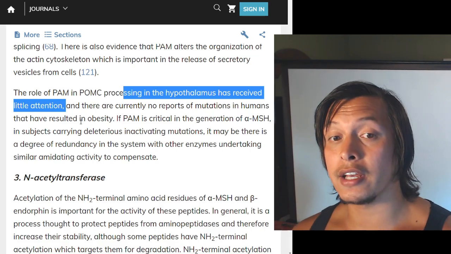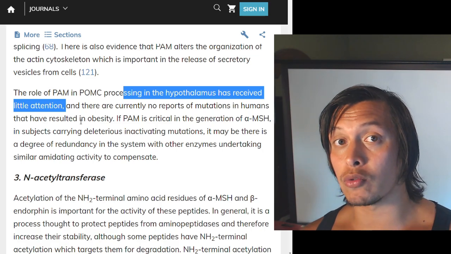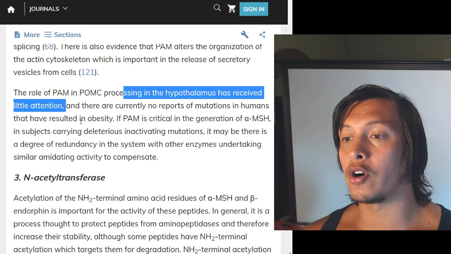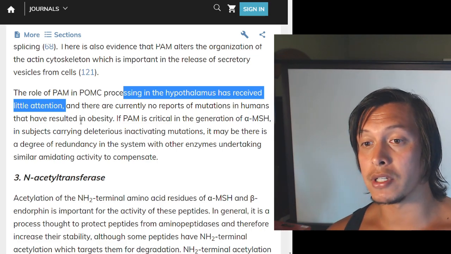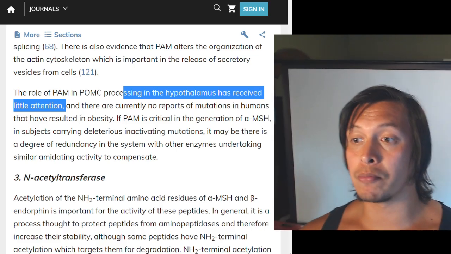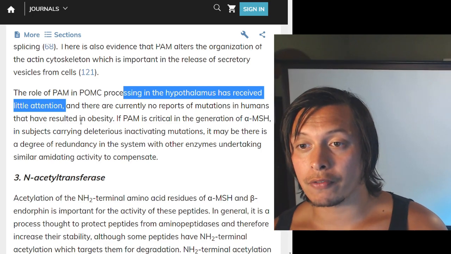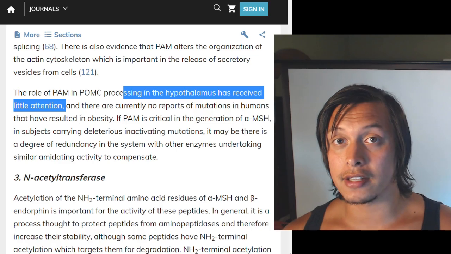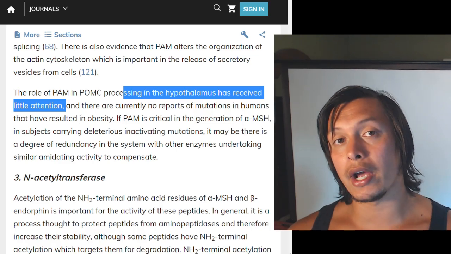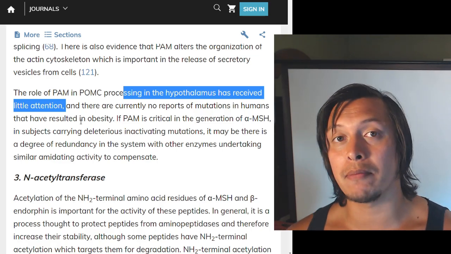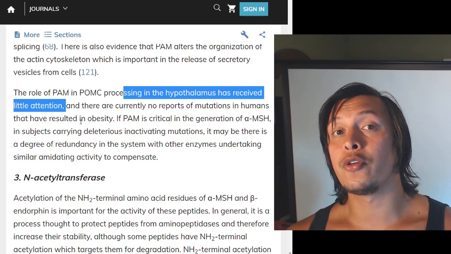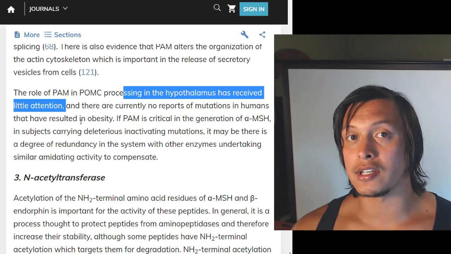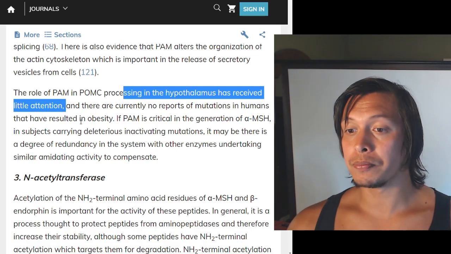We just know that it serves a typical functional role, but there are no reports of mutations in humans that have resulted in obesity from this PAM. So that would indicate that if PAM gets deleted somehow, there is redundancy in the system. There's another way for these processes to continue.